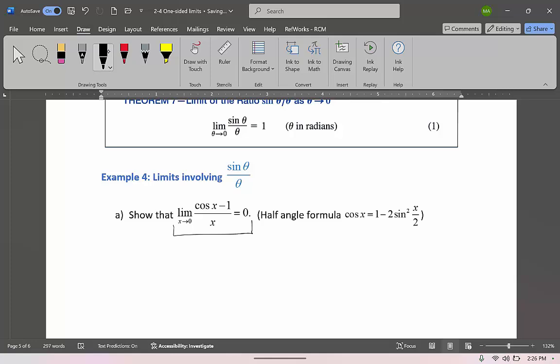And I have a hint here in parentheses that we can use this half angle formula from trigonometry to rewrite the cosine as 1 minus 2 sine squared of x over 2. So if we do that, we can say that this is actually equal to the limit as x approaches 0 of 1 minus 2 sine squared x over 2 minus 1, because I'm just replacing the cosine with this.